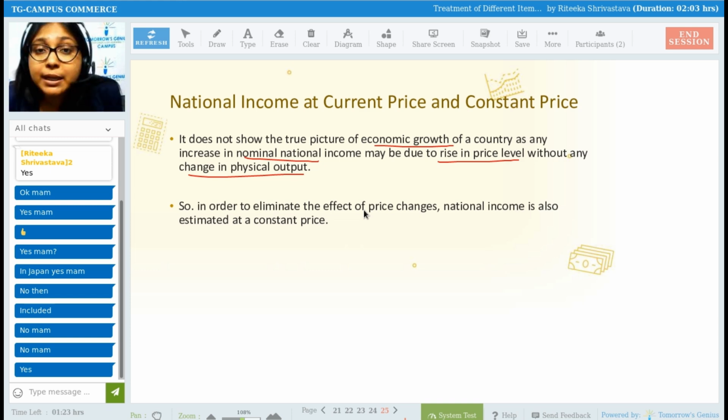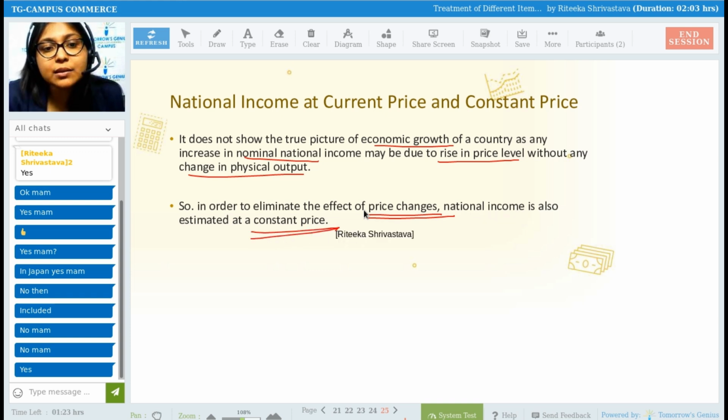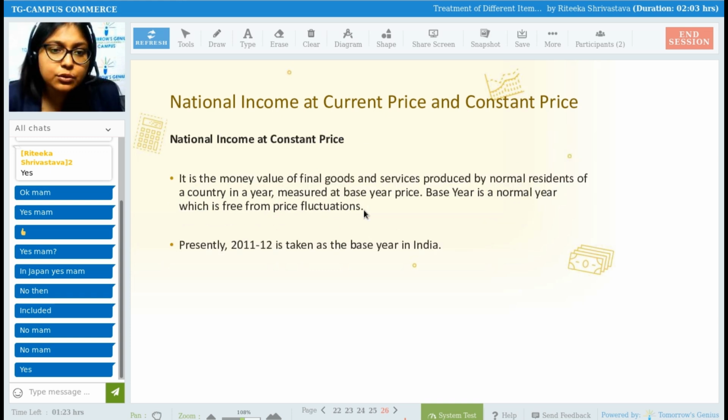There are different factors due to which the price might have increased. So we don't know how much goods have actually been supplied and why the price rose. So there is this difficulty when we measure national income at current price. To eliminate the effect of price changes, national income is also estimated at constant price.